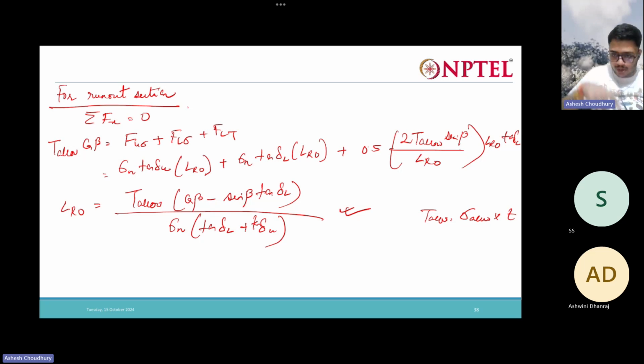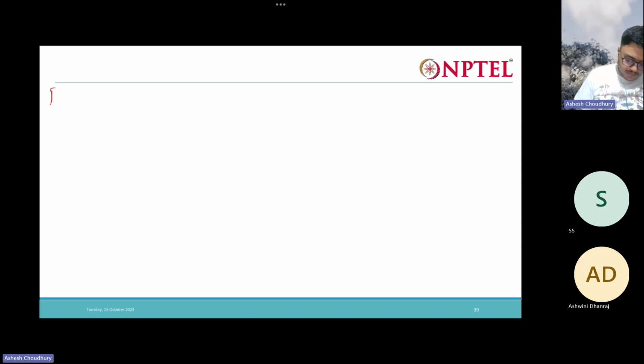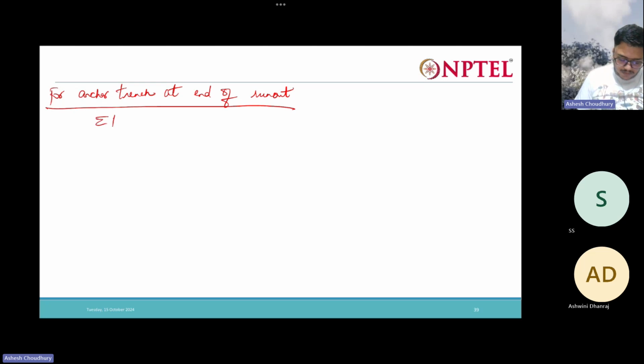Our next case is where we have the anchor also. For the anchor trench at the end of the run out, similarly you will have similar terms.